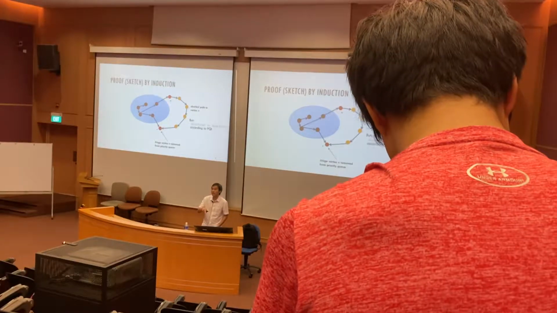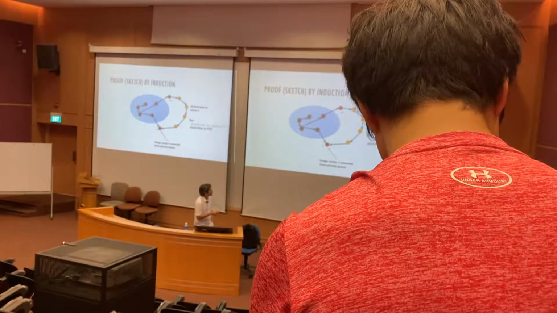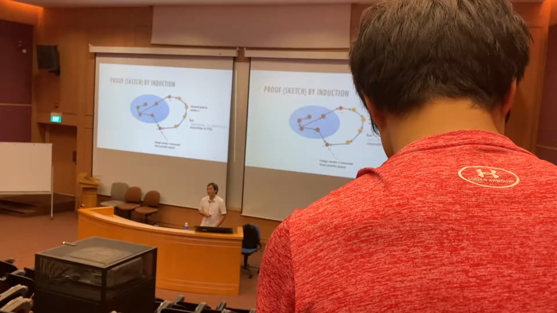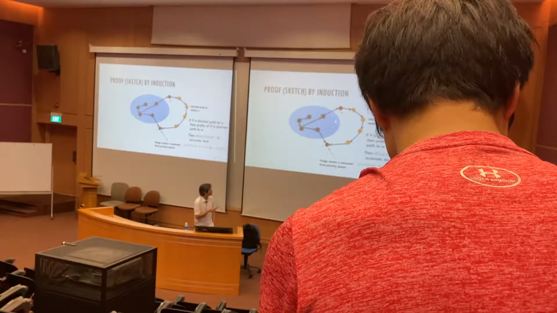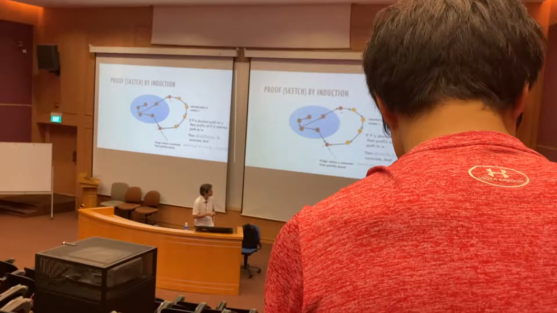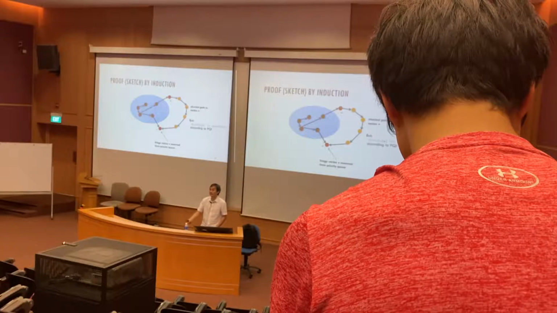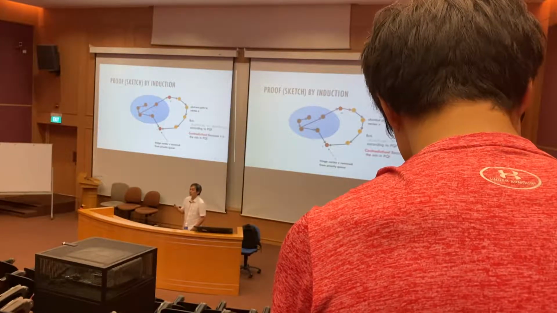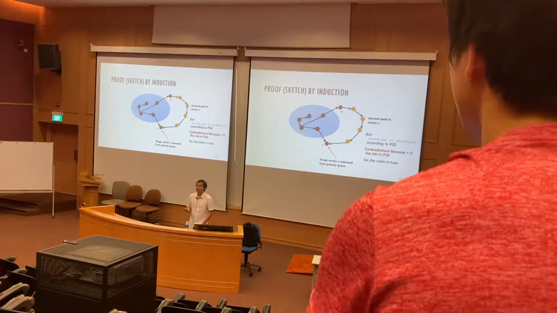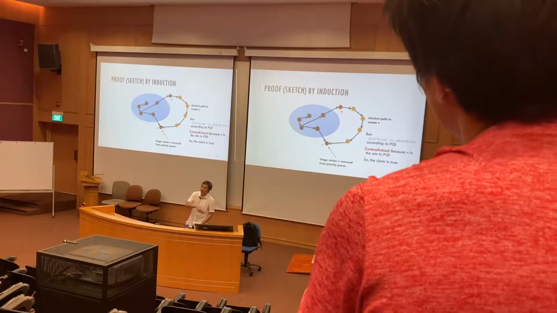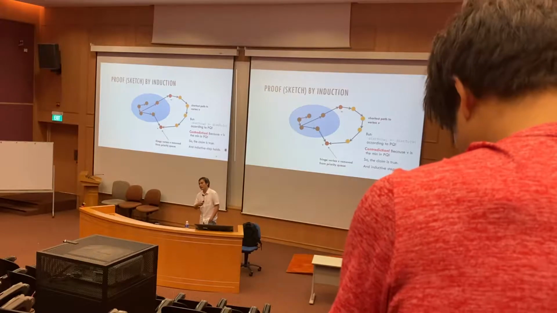So the claim must be true. V is the thing that you take out, and once you add it to your finished vertices, the distance estimate is correct. The inductive step holds, and we're done.